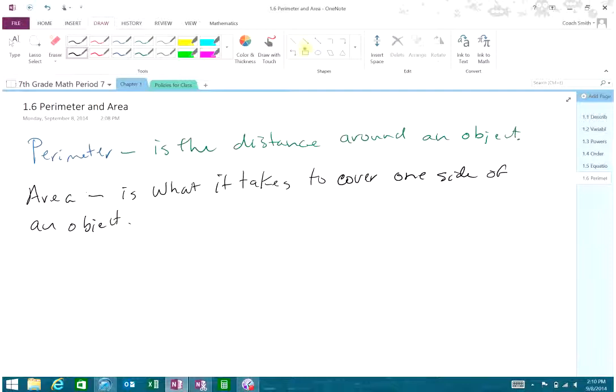Okay, so for example, if this object is 10 foot by 8 foot by 10 foot by 8 foot.